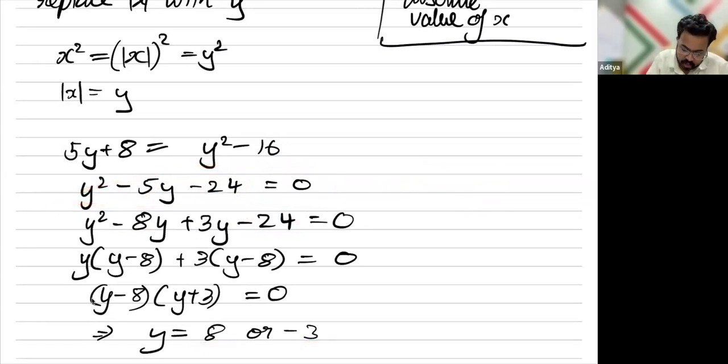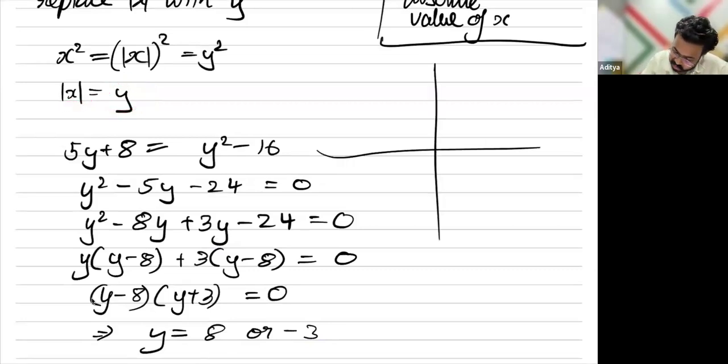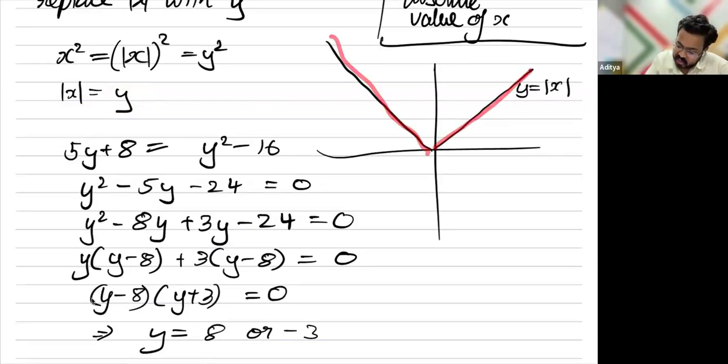But we have one compulsion. If y is the mod of another quantity, if I draw the graph, this is y equal to mod x. Notice that y is always positive. When x is positive, y is positive. When x is negative, y is positive.